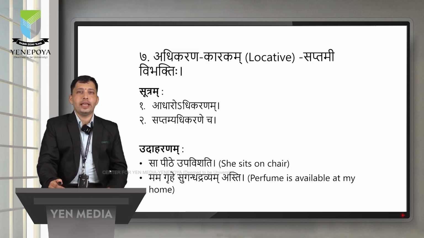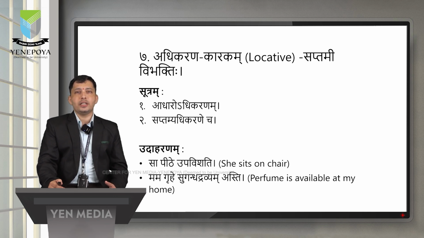Next is the sixth karaka, or Shashtama karaka, Adhikarana karaka, and it is represented by the seventh Vibhakti, that is Saptami Vibhakti. We have two sutras here, Adharo Adhikaranam and Saptamyadhikaranecha. Adharaha means base or support.